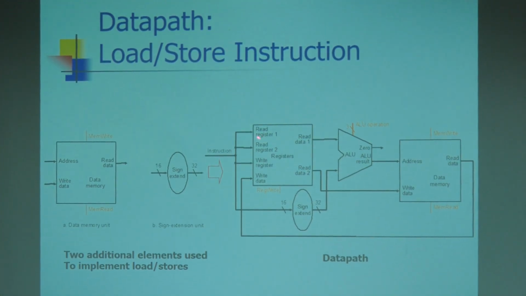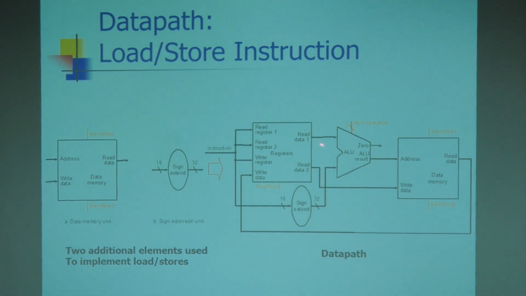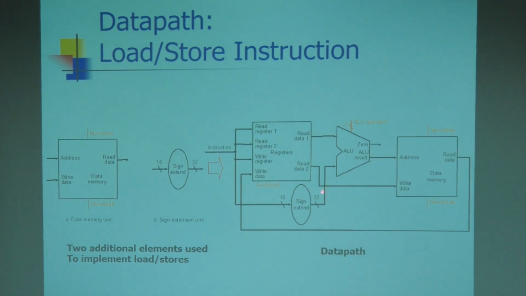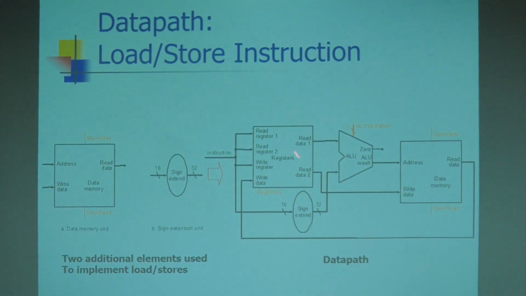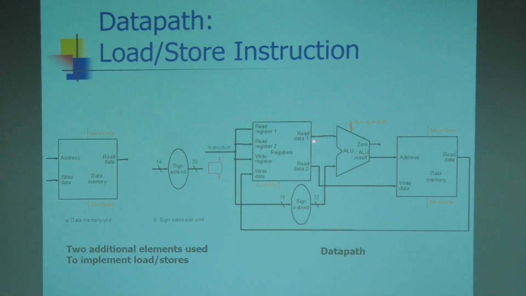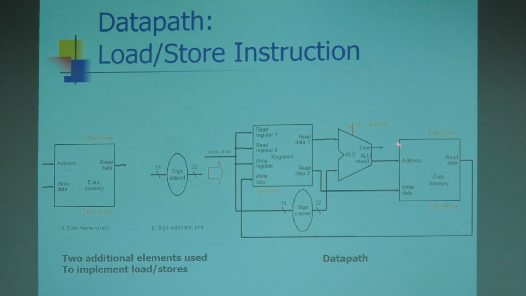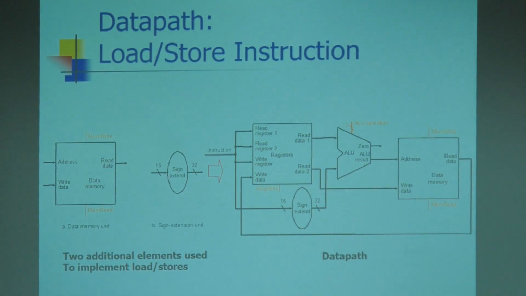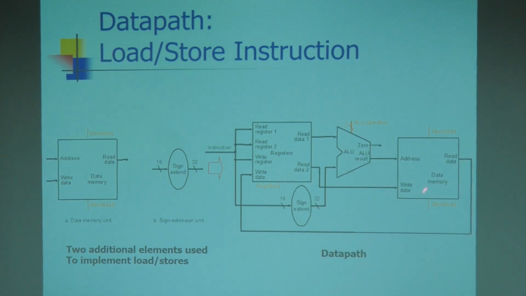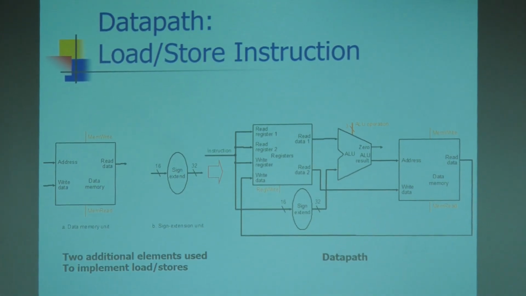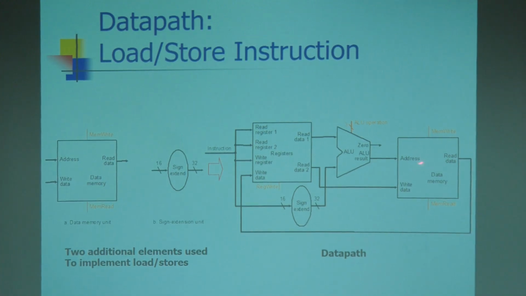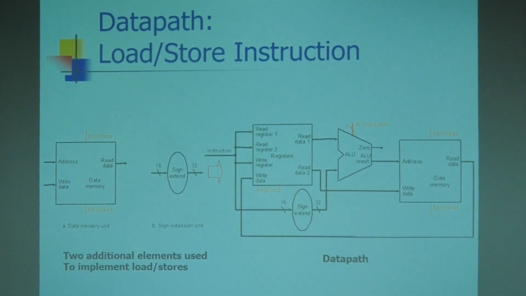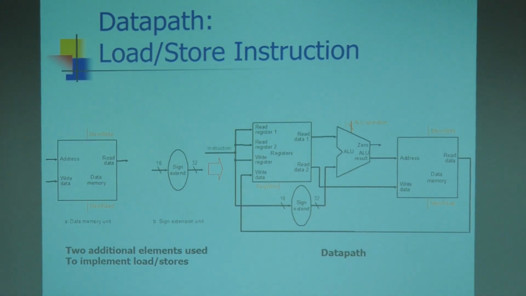How many read ports are required here? This data path has two operations. One is reading data from the memory and writing it into a register, which is the load instruction.